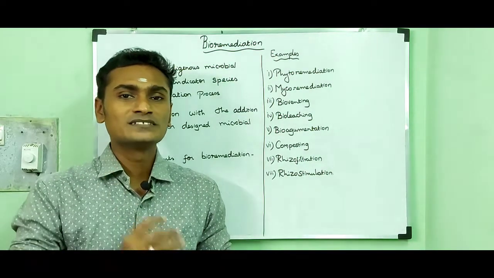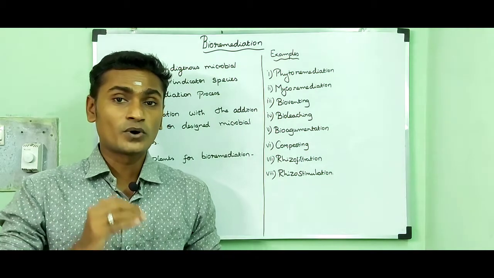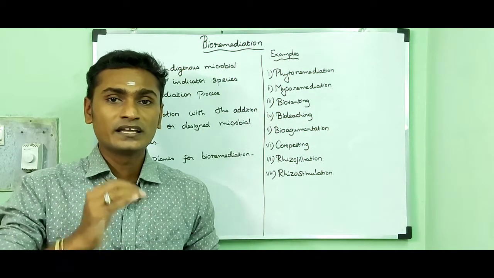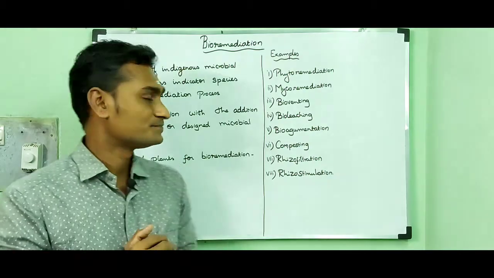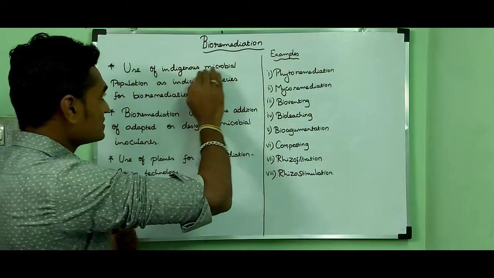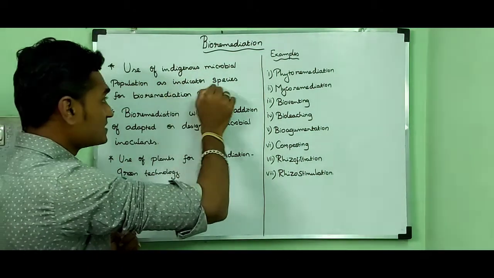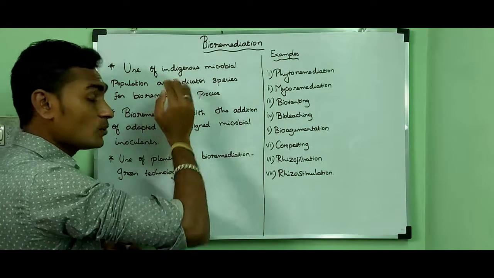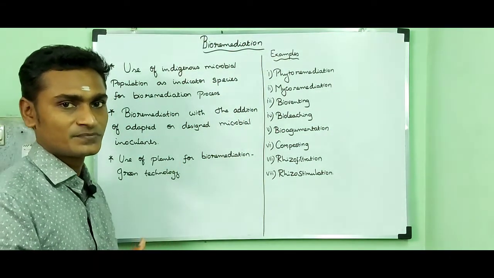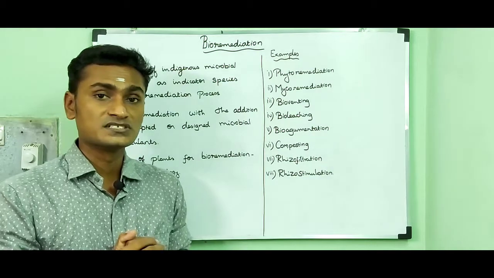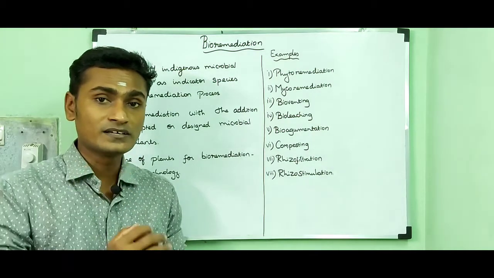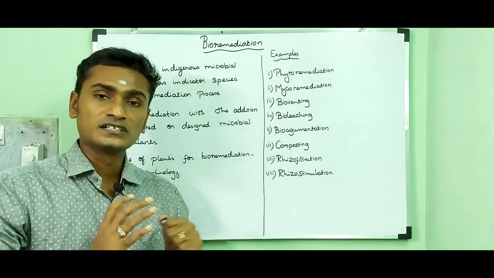They have given 3 strategies for bioremediation in soil and water. The first is the use of indigenous microbial populations as indicator species for the bioremediation process. For example, Scenedesmus is a phytoplankton, a microalga present in river water.